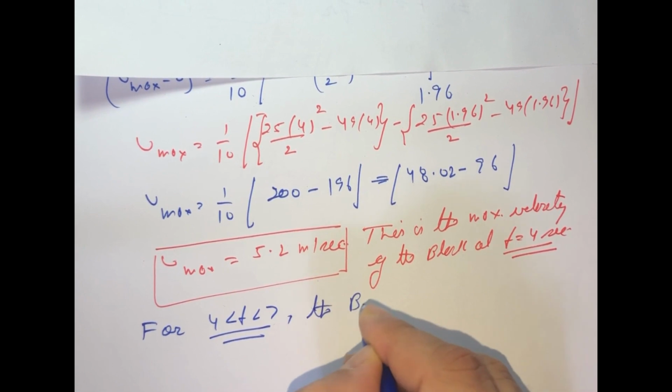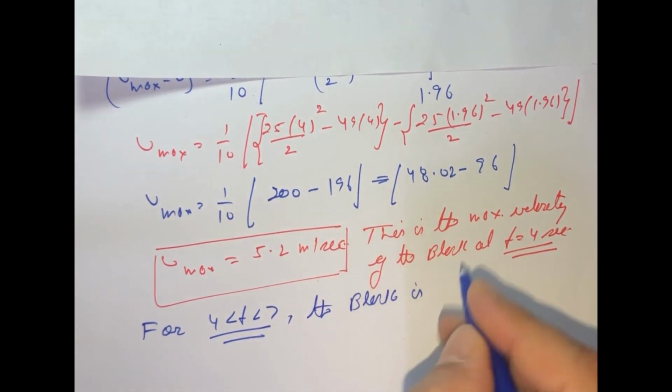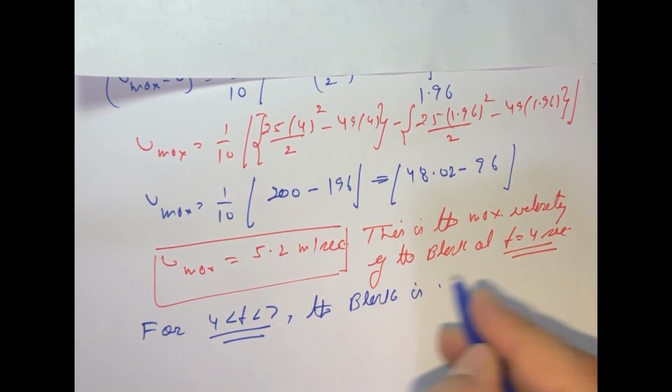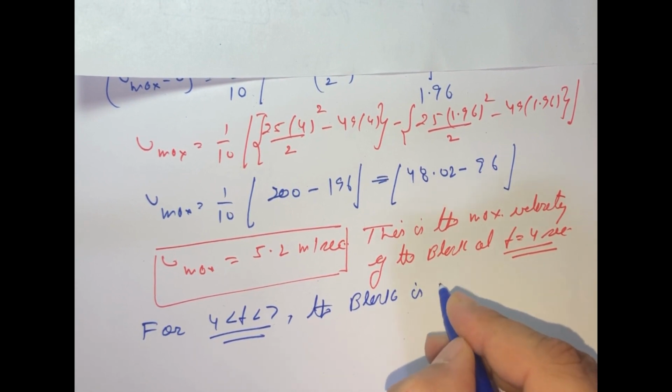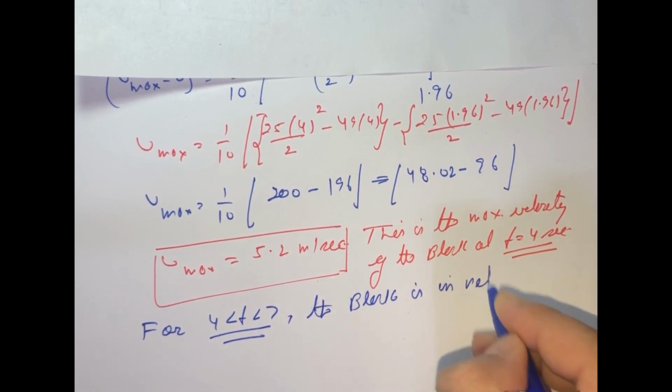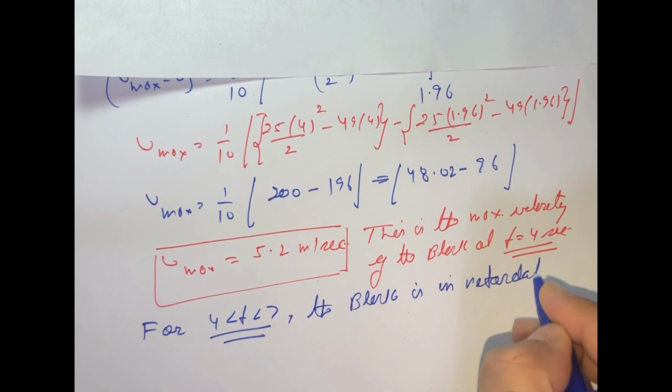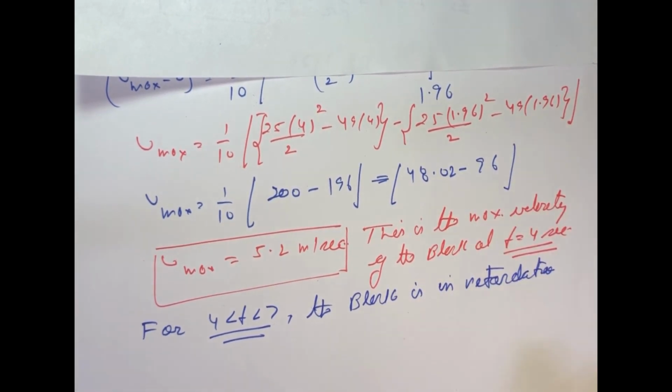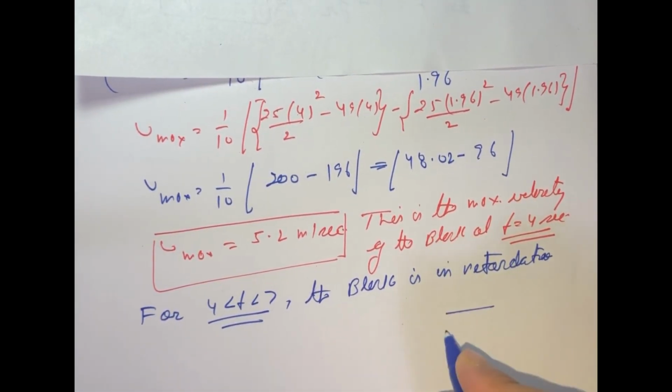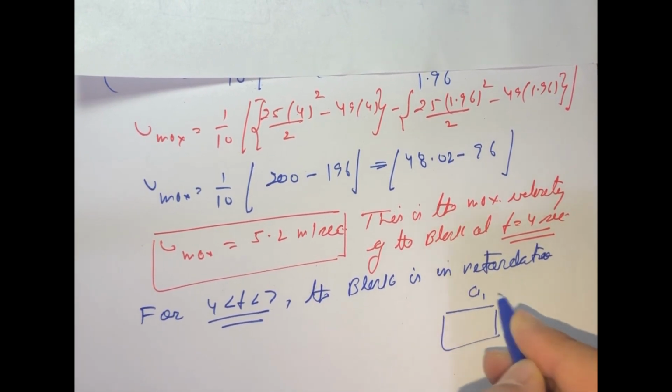Okay, so you can say the block is in retardation. And let us suppose the retardation is given as A1.